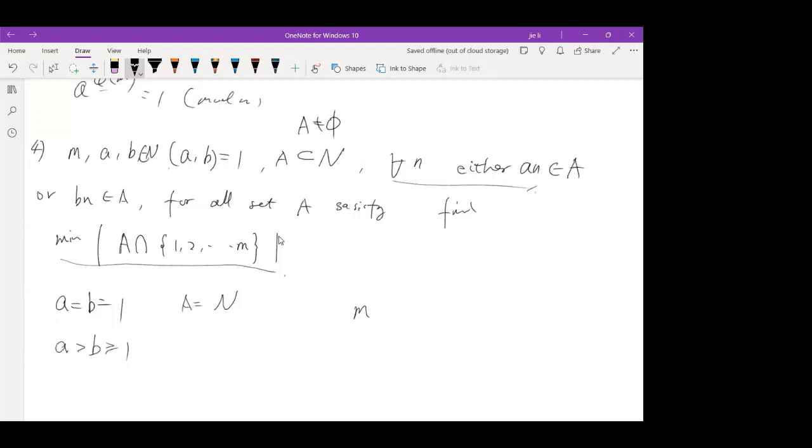And so that tells you, because we just want an or bn in this one. They could both be in this, that's okay.